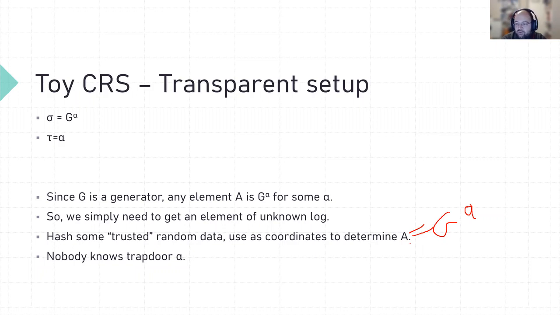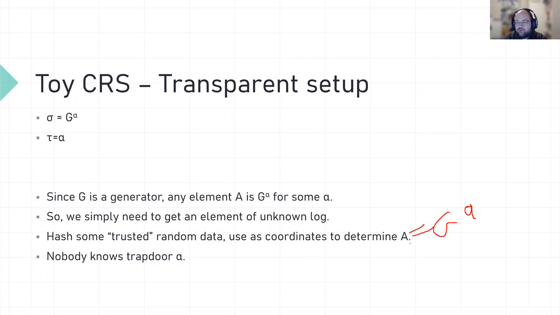So at this point, we don't know the discrete log, and this element actually works for us. So this actually works, and this is actually something that is being put to use for a lot of CRSs, but it can only get us so far.